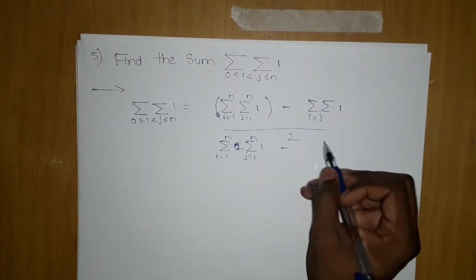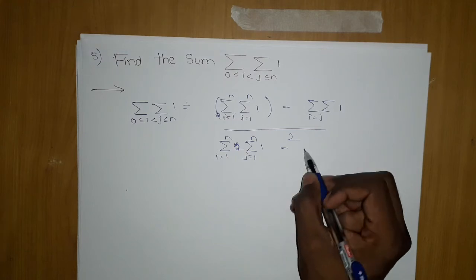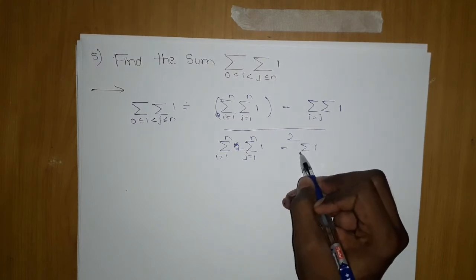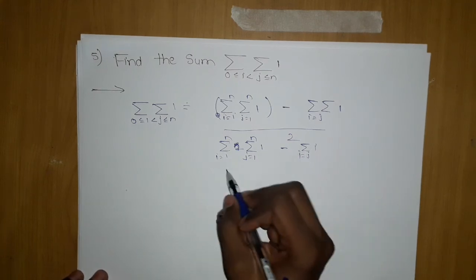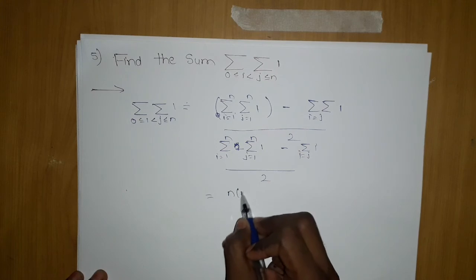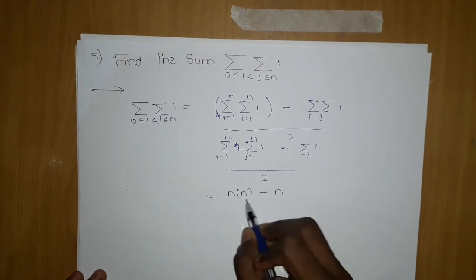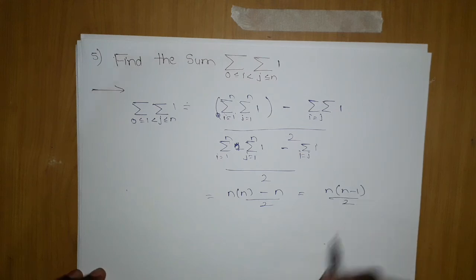Now here the double summation will be nothing but the summation of 1 where i equals j, and this will become 1 only. After this, this will become n, this will become n into n minus n upon 2, which gives me n into n minus 1 upon 2. So this is our answer.